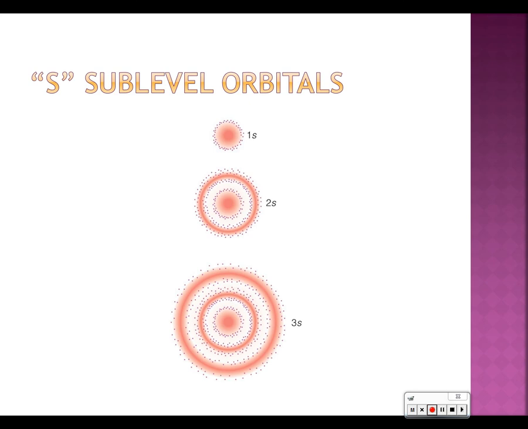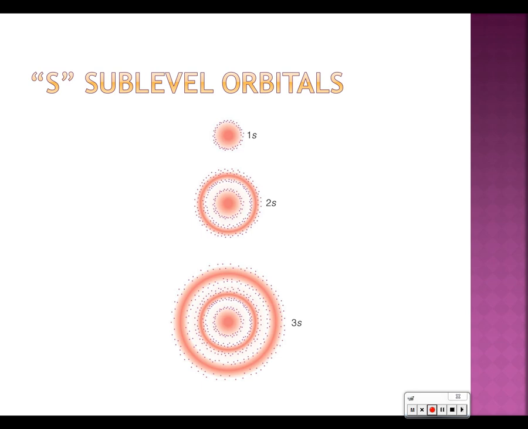The first principal energy level has an S sublevel. The second principal energy level has an S sublevel. The third principal energy level has an S sublevel. Julia, I think you asked yesterday, like I said, these are like hollow spheres, or we talked about the nesting dolls.